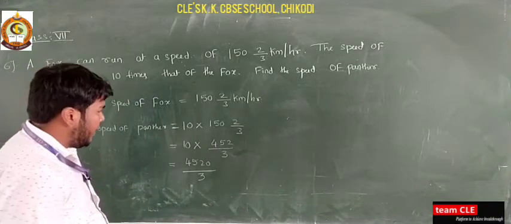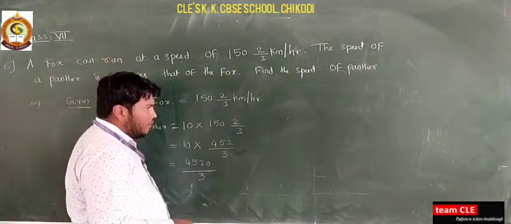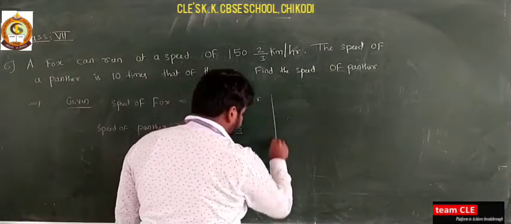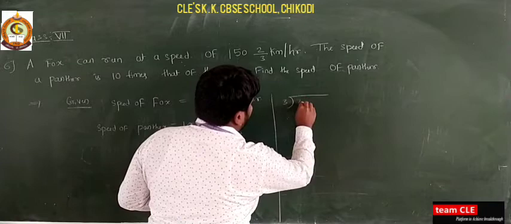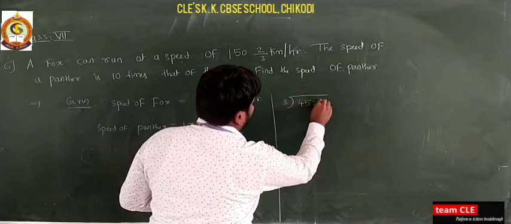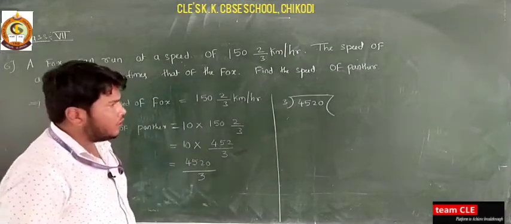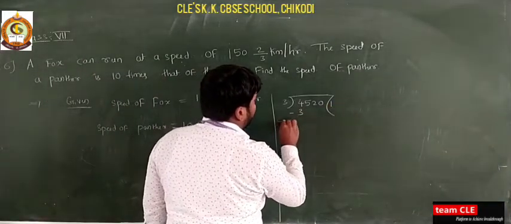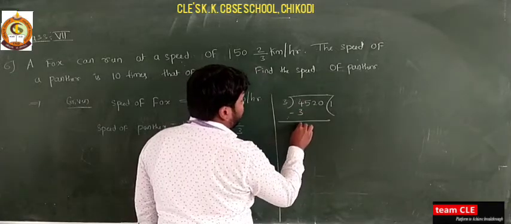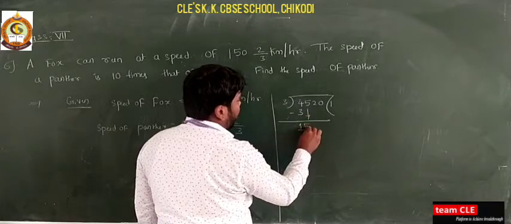Now this is an improper fraction, and you can convert it into a mixed fraction. Divide 4520 by 3. 3 1s are 3, 4 minus 3 is 1.